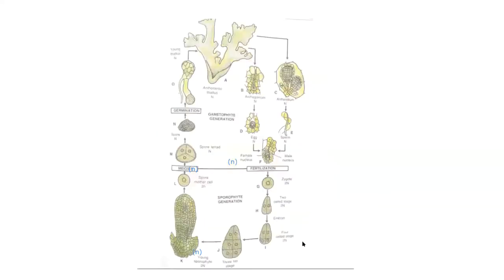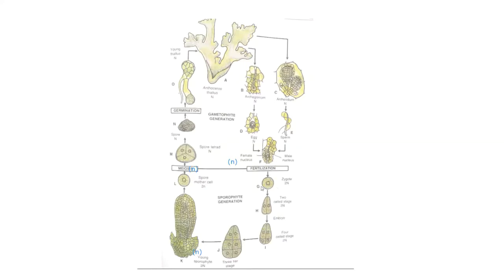This is another diagram which is showing the same thing, that is alternation of generation, in a different way. So here cellular details are given. We start with the young thallus, the gametophyte. It has got archegonium and antheridium. They produce gametes. They fertilize, they fuse together.